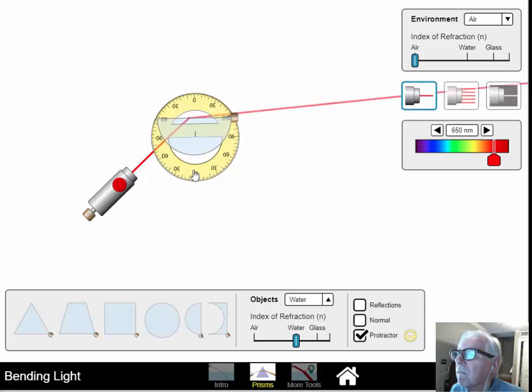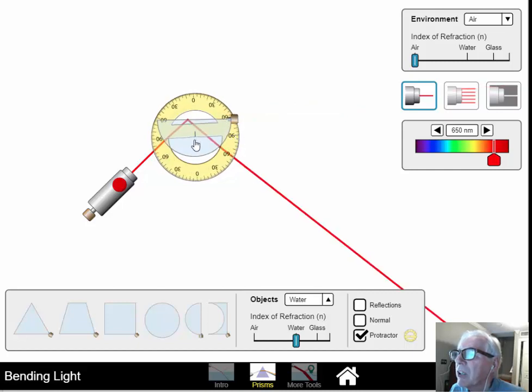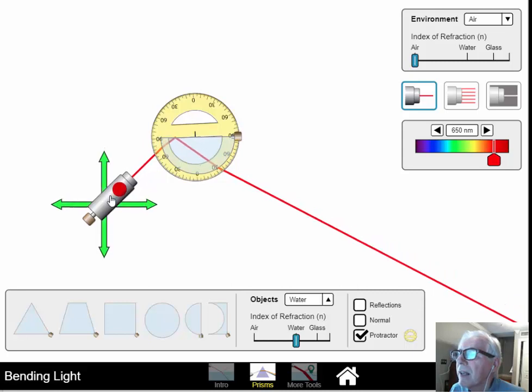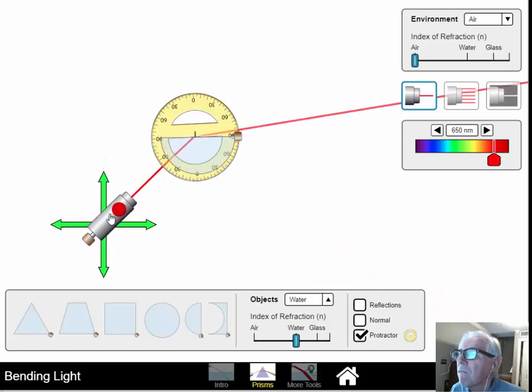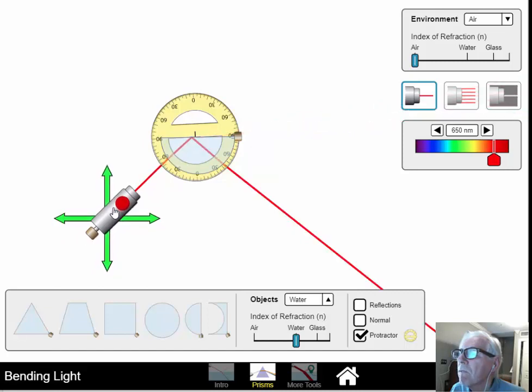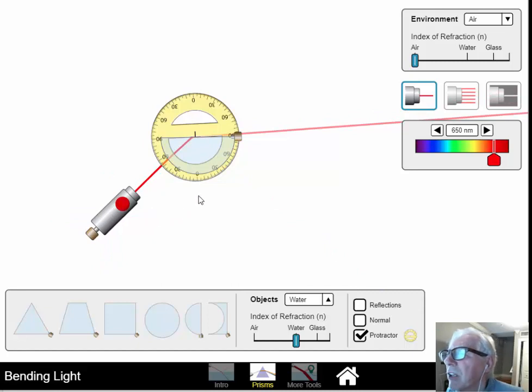Then this does not work. I'll tell you what I can do. I can bring that down to there, and then I can find that again. There. And if you look, that's going to be the angle of incidence is going to be 10, 20, 30, 40.